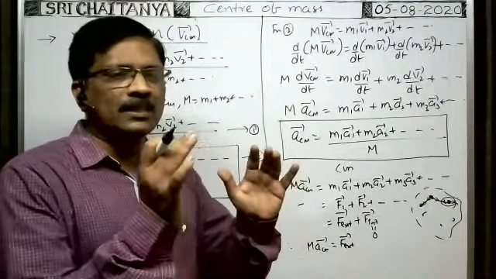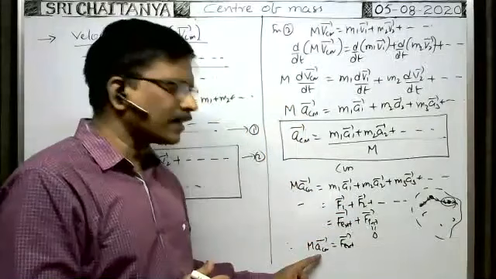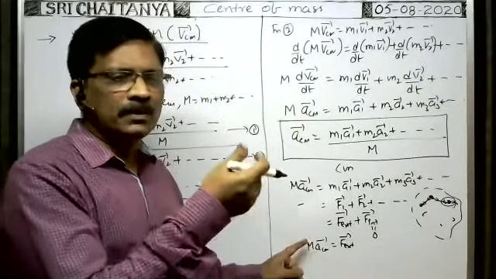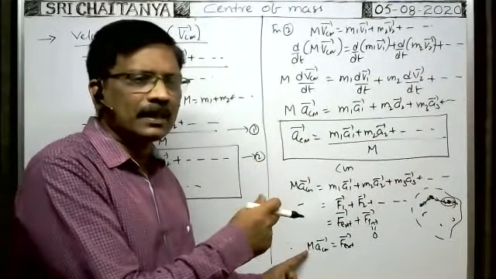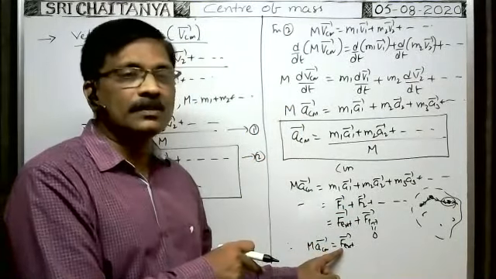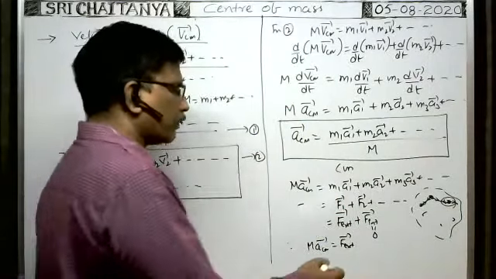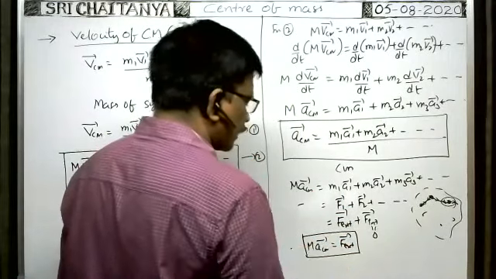That means when you apply the external force on a system, that external force can be applied exactly at the center of mass only. At the center of mass, the total mass of the system seems to be present. Such a total mass of the system at the center of mass into the acceleration of the center of mass gives the total external force acting on the system. That's why from this it is clear that the total mass can be imagined at the center of mass.